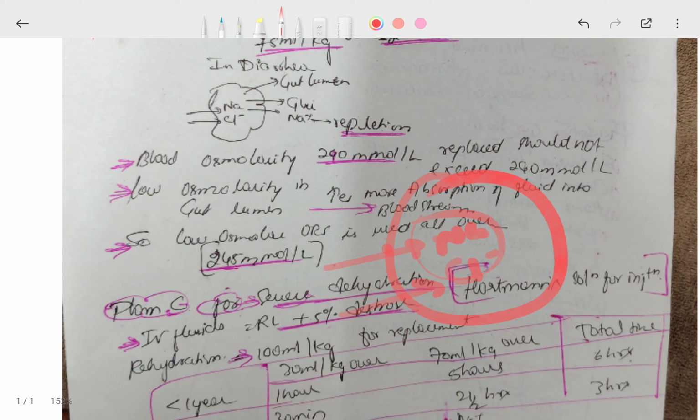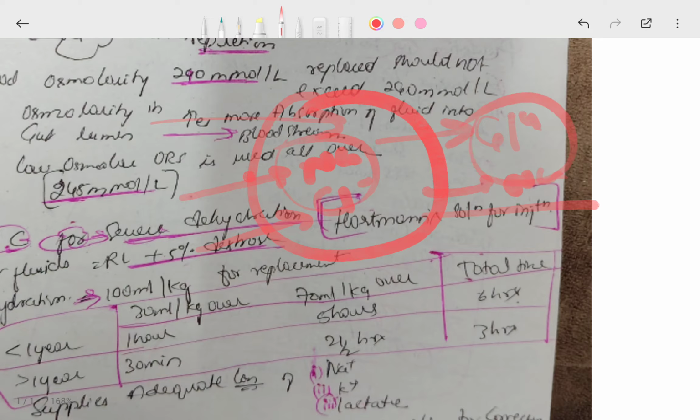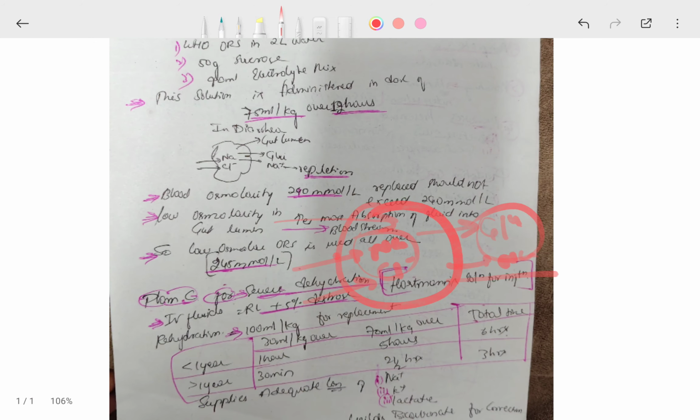But when you are giving the low osmolar ORS, the glucose and sodium will be transported by the co-transporter, so you will be giving the same concentration of sodium and glucose. Sodium is drawn back into the blood along with the glucose, so the sodium is replenished, but the chloride and others will be lost.